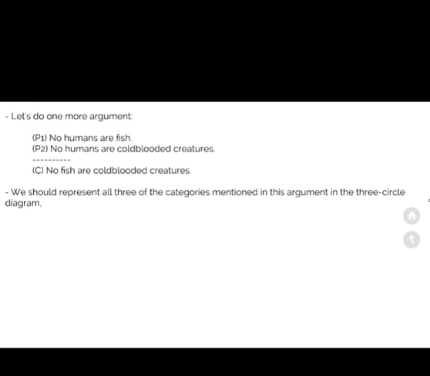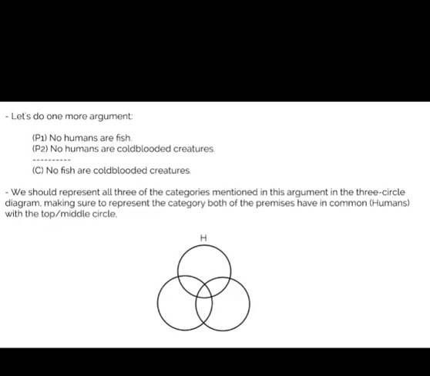First, check to see how many categories there are. Okay, let's see. There's humans, there's fish, there's cold-blooded creatures. Perfect, three. So we can use three circles like that. And then I should have just asked you this before I put it up there.